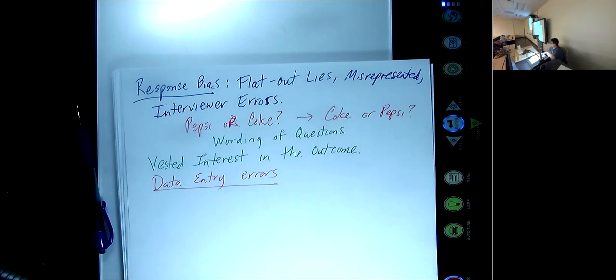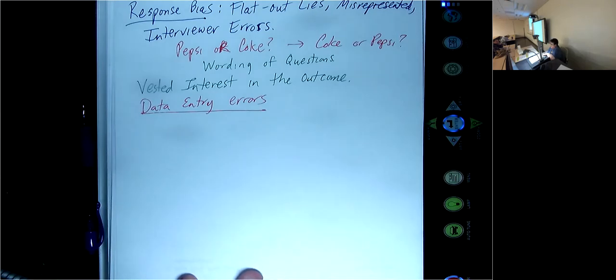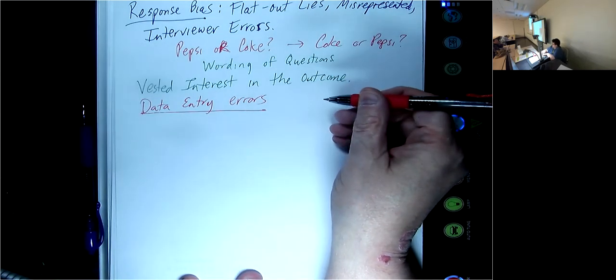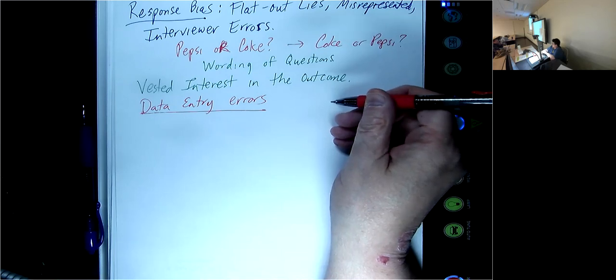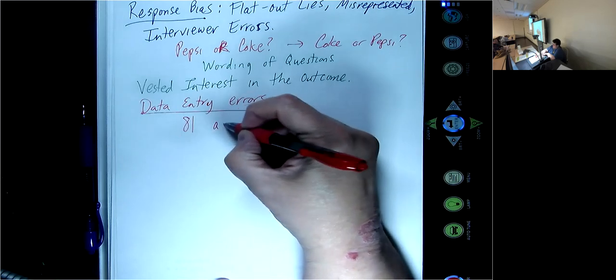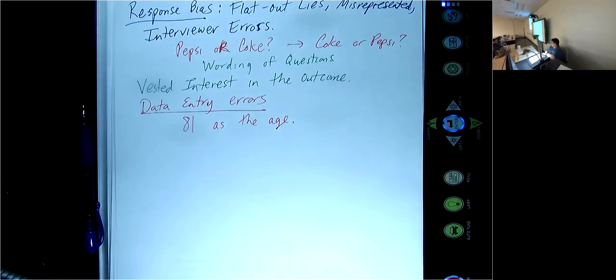At one point, I had an online survey and people were supposed to put their age anonymously. And I knew it was only students at this point. I was certain because I had not sent it out to the public, and I got 81 as the age. Now, we do have older students.